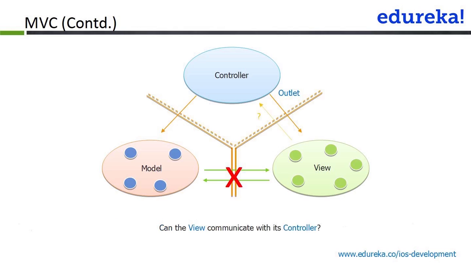Okay, so what we saw here was the outlet, which will be used by the controller to communicate with the view. Now, is the reverse possible? Can the view communicate with its controller? Now, communication is blind and structured, which means when the view communicates with the controller, the model does not have any idea about this.